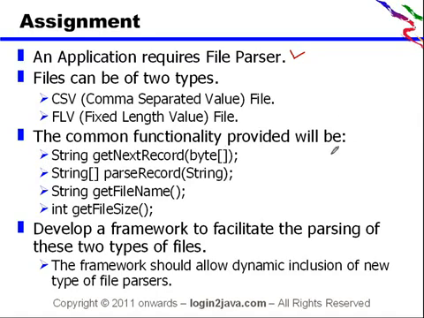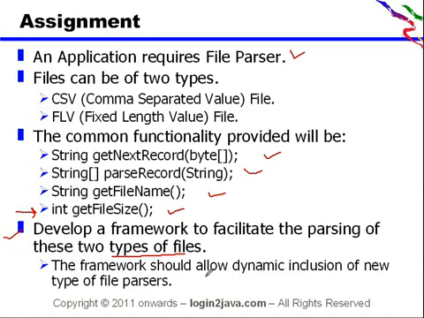The common functionality provided will be get next record, parse the record, get file name, get file size, and whatever other functionalities you can think of for parsing. So you need to develop a framework to facilitate the parsing of these two types of files. This is the first requirement.